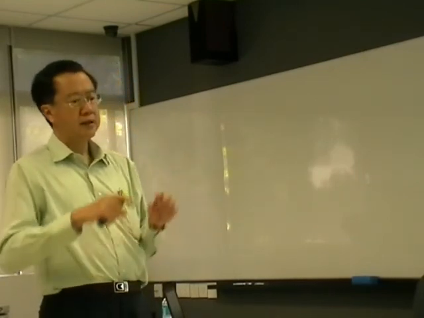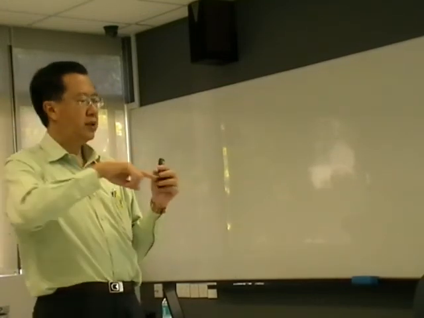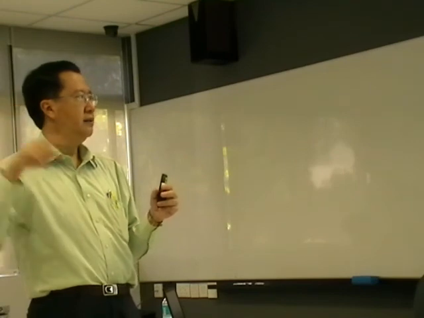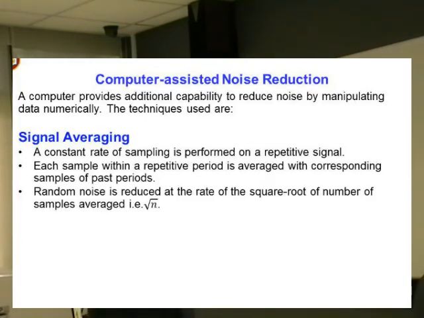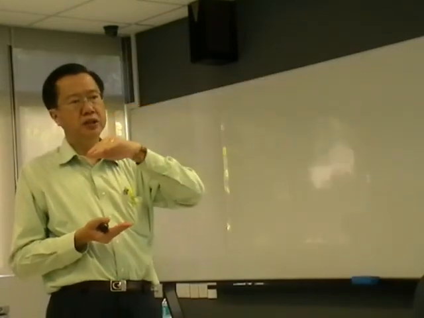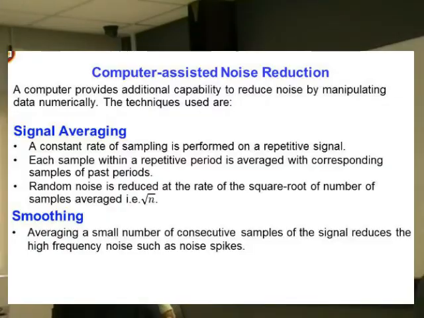You find that the signal becomes clearer. The signal that was very noisy will now tend to be cleaner, and the noise level drops at the rate of the square root of n, where n is the number of samples. So if you do the averaging of 9 samples, then the square root of 9 is 3, so your noise level drops down 3 times.